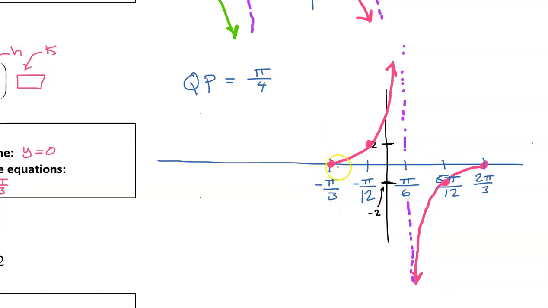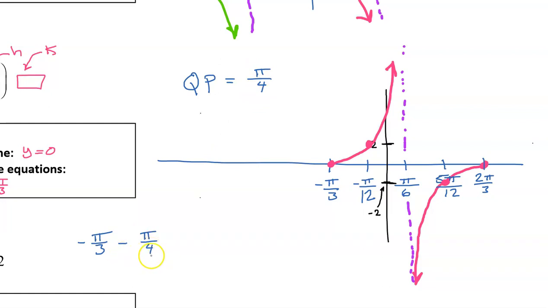We are supposed to graph 2 periods, so we are going to graph sort of the image of this, another period to the left of negative pi over 3. To find those values, we are going to have to subtract the quarter period. So I'm going to take my negative pi over 3, and I am going to subtract the quarter period, pi over 4.